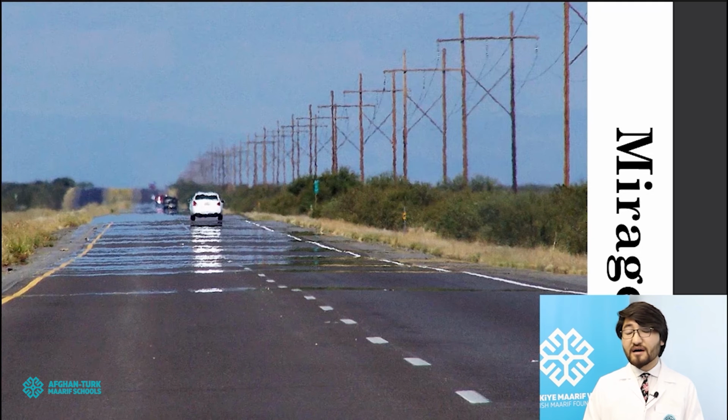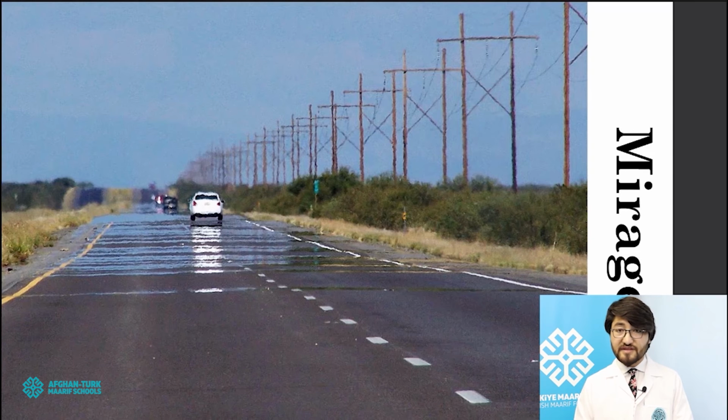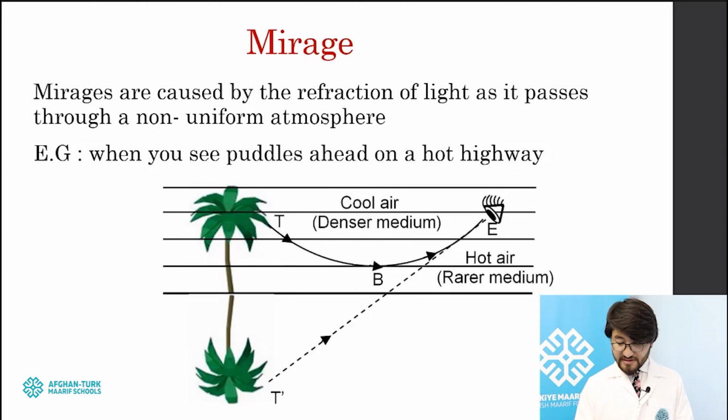The result of formation of mirage is total internal reflection. Okay, I will tell you how mirage forms. You see, mirages are caused by the refraction of light as it passes through a non-uniform atmosphere.